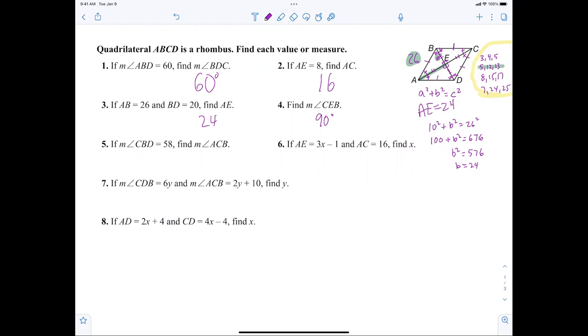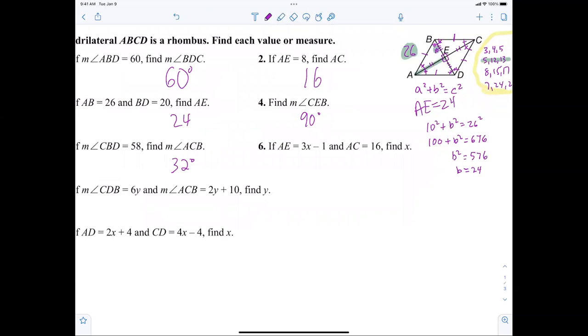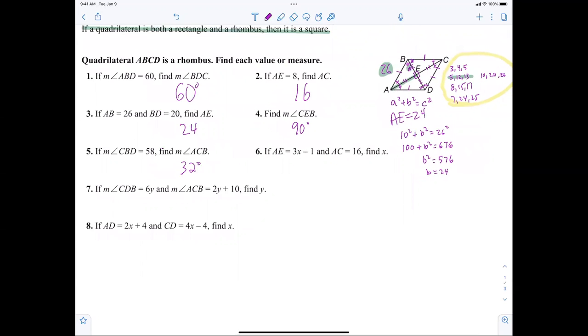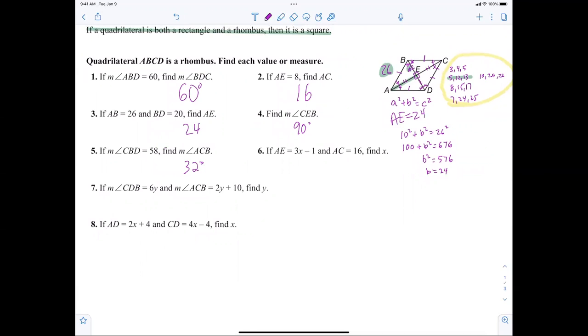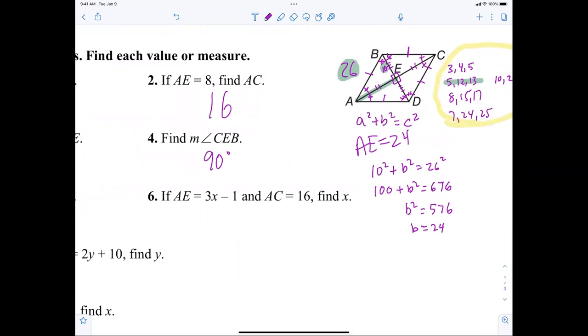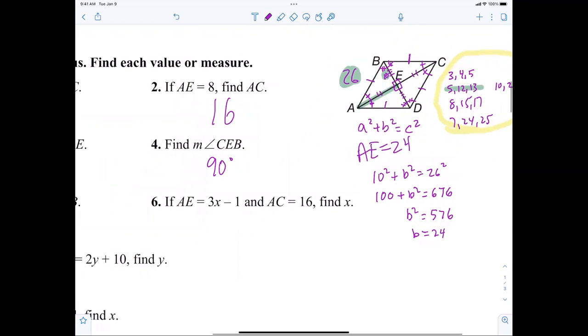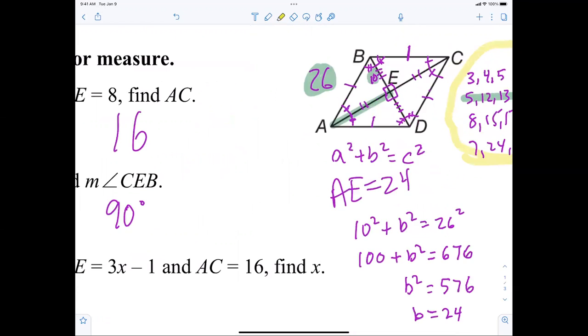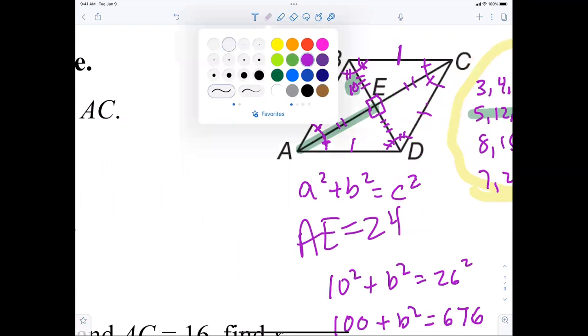What is it? 32. Is that right? Some of you are saying it's 32, and if you don't know it's 32, now's the time to speak up. So let's look at angle CBD. CBD is 58. Do we agree? So I'm going to write 58 down and you tell me if you're happy with that.